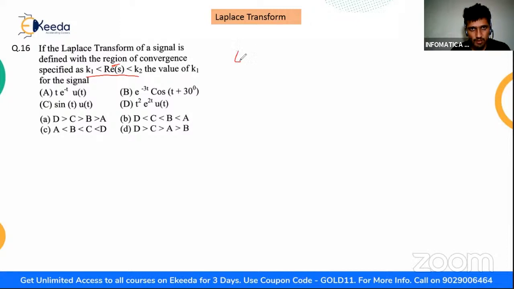Suppose we can say that t u of t has Laplace transform 1 upon s square, with sigma greater than 0. We will do some shifting here.